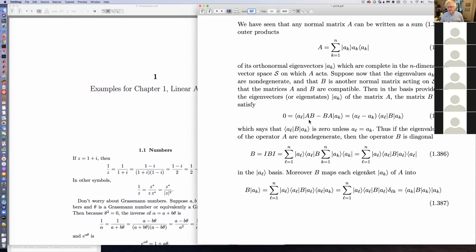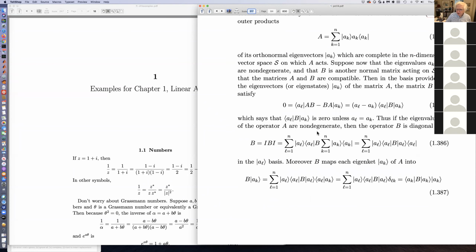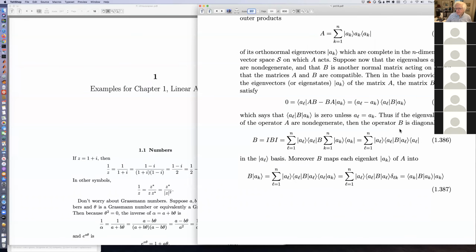So if you then take the matrix element of their vanishing commutator, what you get is this expression here, and that tells us that the matrix B vanishes unless a_l is equal to a_k. So if the eigenvalues of A are non-degenerate, then the operator B, any operator that is compatible with it, is diagonal.